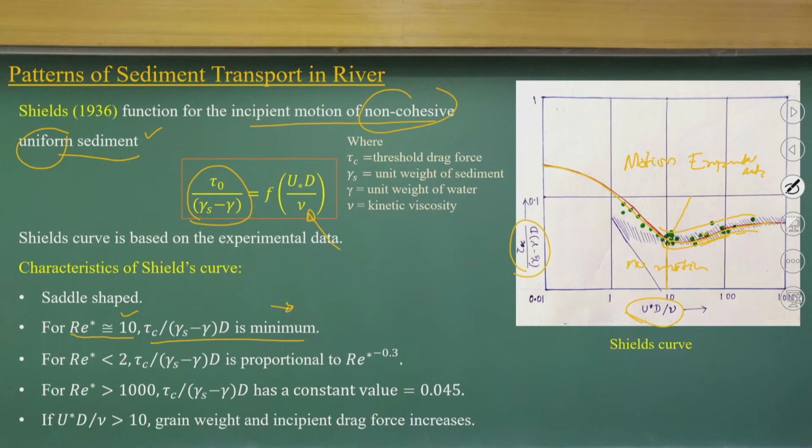That means the critical shear stress divided by the submerged weight is the minimum; that is the minimum force necessary to start the motion of the sediment particles.